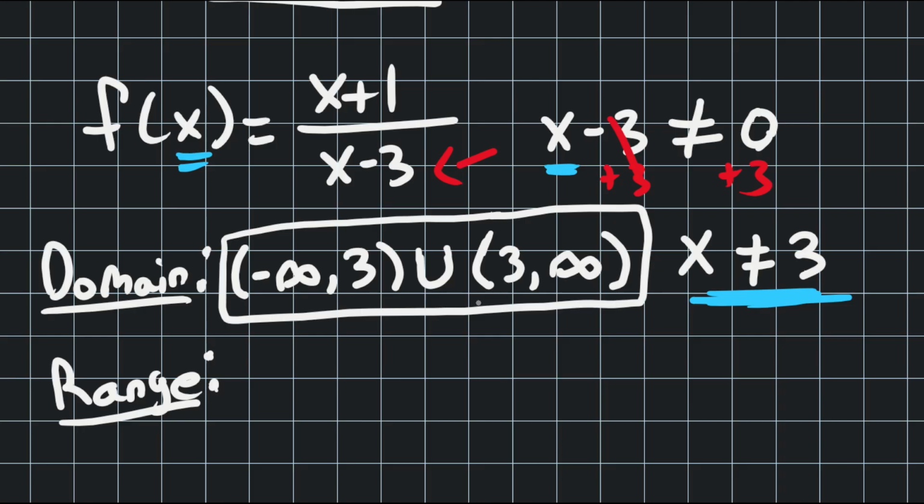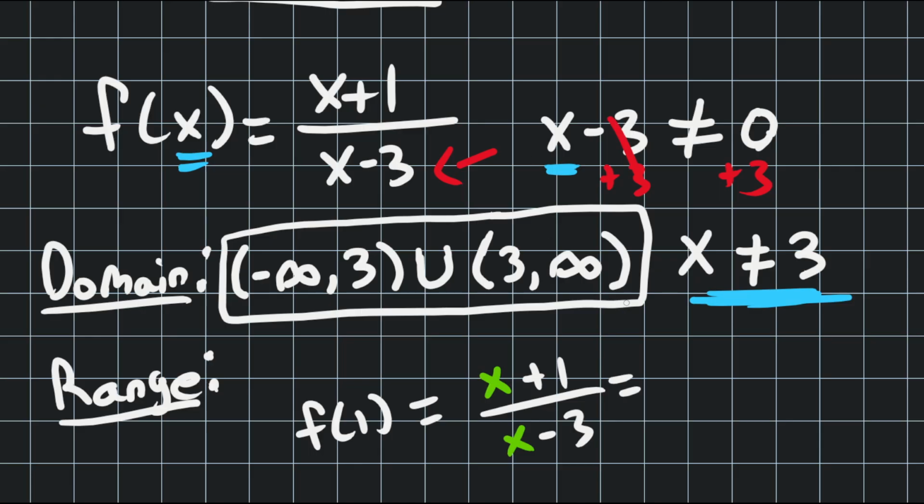So that's the domain, and now the range. So the range of f of x. What values can f of x be? So let's think about this. Let's try to input f of 1. So f of 1 is x plus 1 over x minus 3, and then that's 1 plus 1.